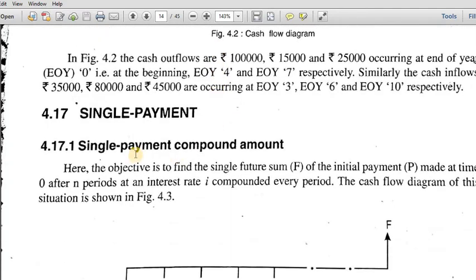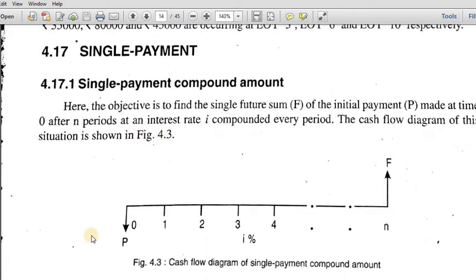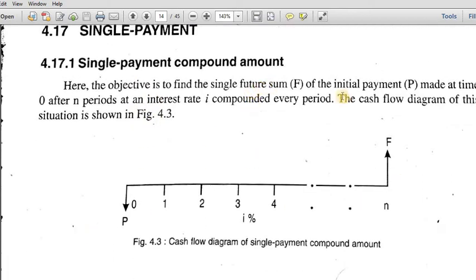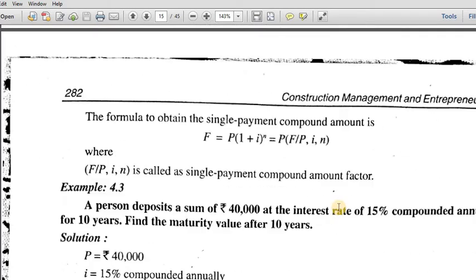Next thing is types of problems. Single payment. If I'm making just a single payment, for example, here I need to calculate the future sum. I have some principal money now. What is the future amount I need to know? What is the formula we'll be using? F is equal to P into 1 plus I to the power n.